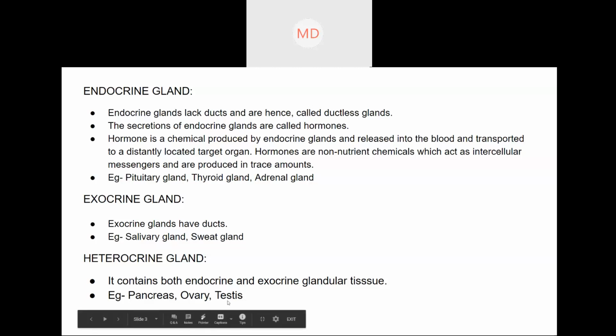For the testes, the secretion of the exocrine part is the sperm. The exocrine part of the ovary produces eggs or ovum.